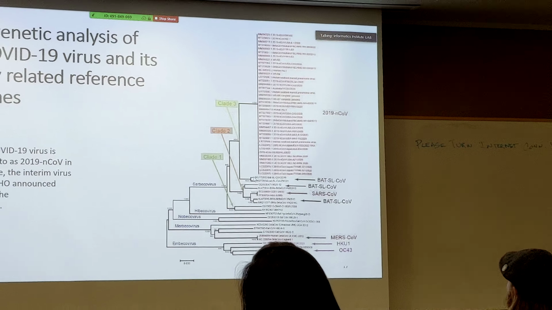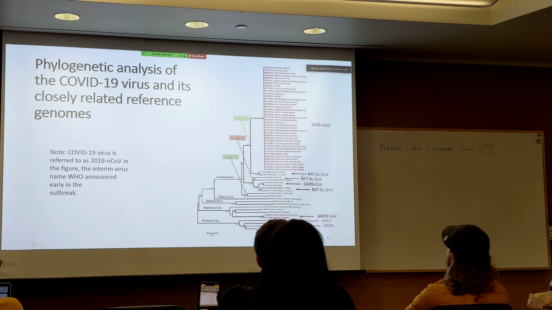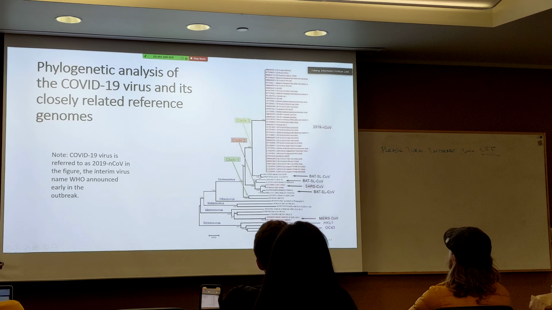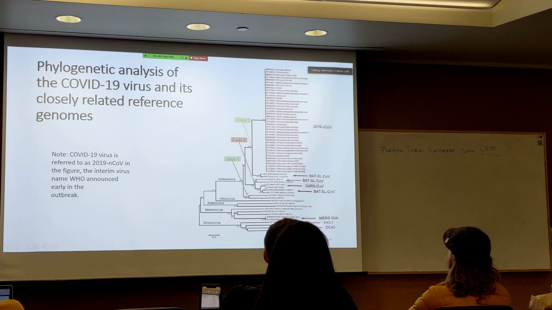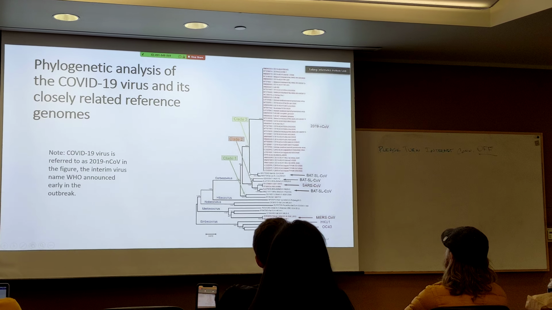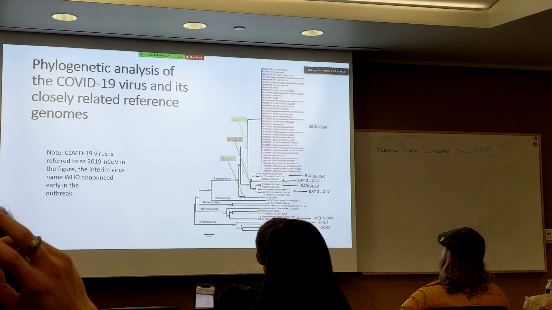And if you go to the closest one, it is the beta coronavirus that were derived from that. And then the SARS is even farther away in evolutionary distance. So this tree is a phylogenetic tree.